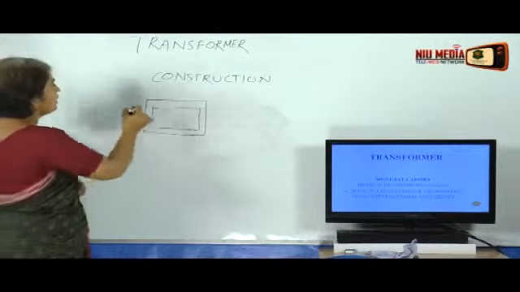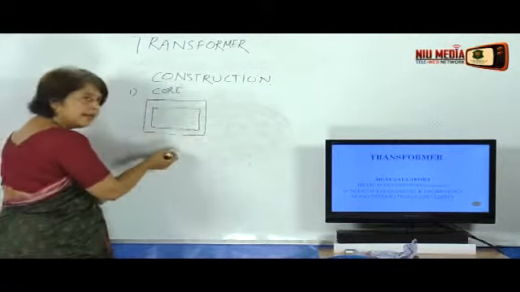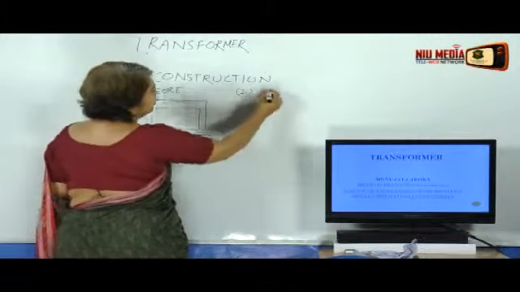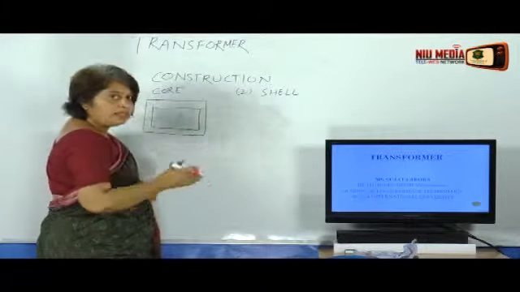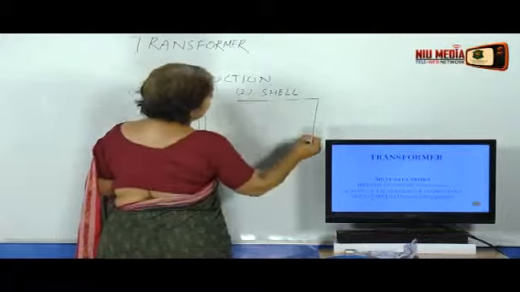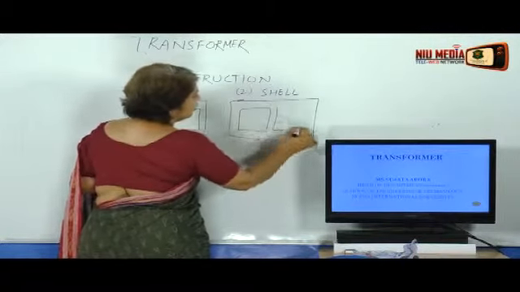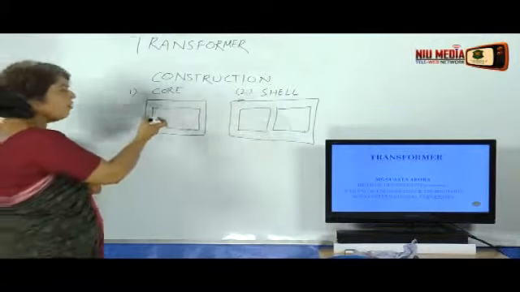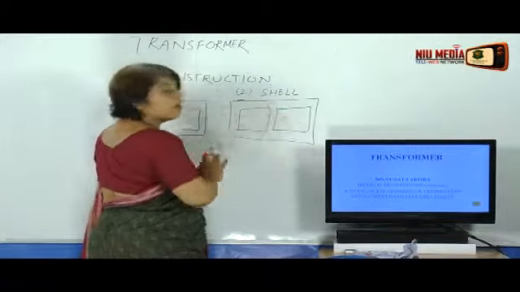First is known as the core type of transformer, which has a rectangular core, and the second type is known as the shell type of transformer. It has a different shape like this. It has two windows. So, you can see the basic difference: this is a rectangular core and this is a shell type where the two windows are there.